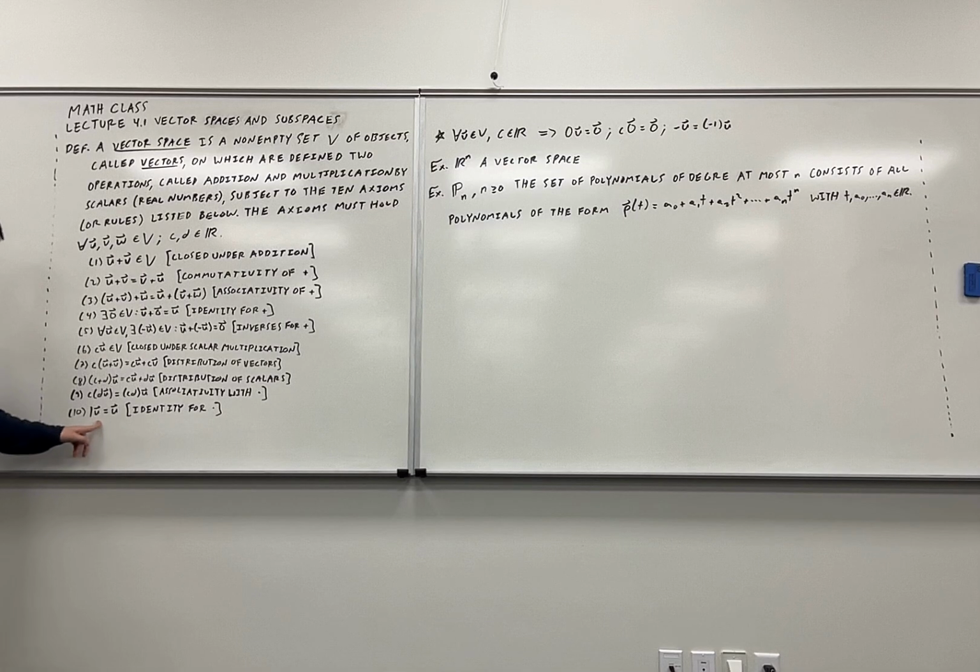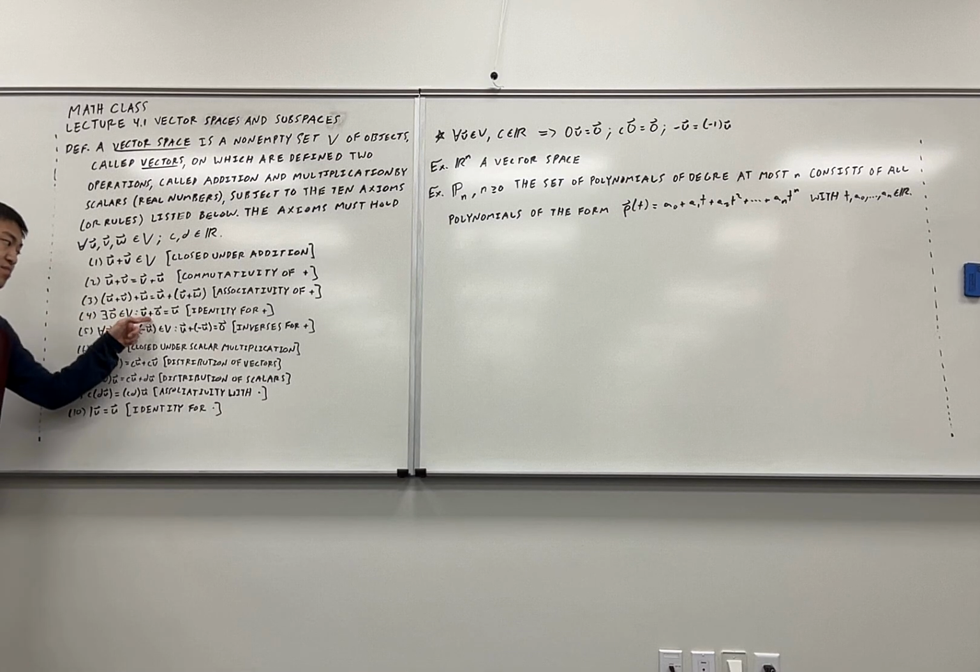And then 10, this is new: 1 times u is equal to u. So it's an identity for multiplication. Think of property 10 as a parallel to the fourth one, where there was a zero vector, an element that if I used my addition operation, I would return back the same thing.